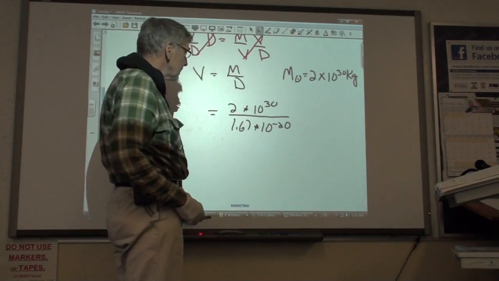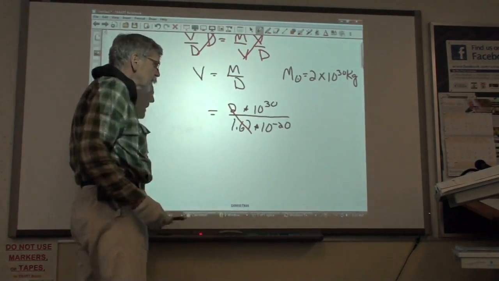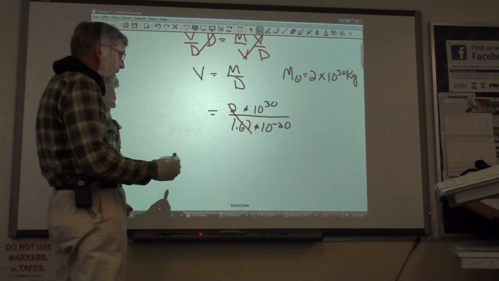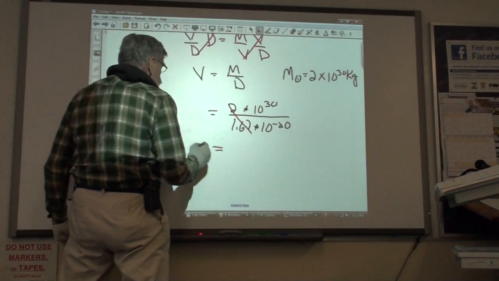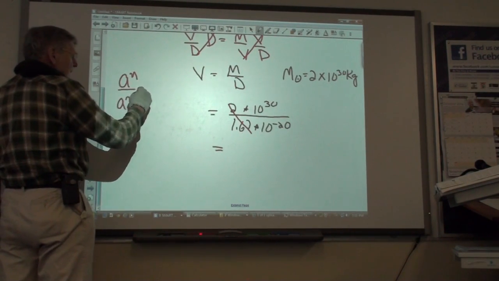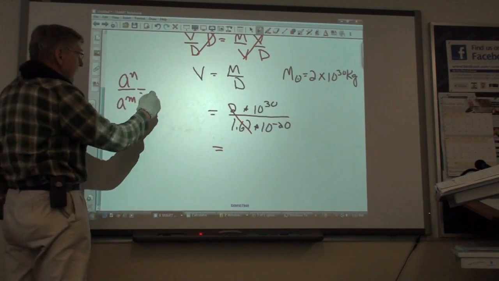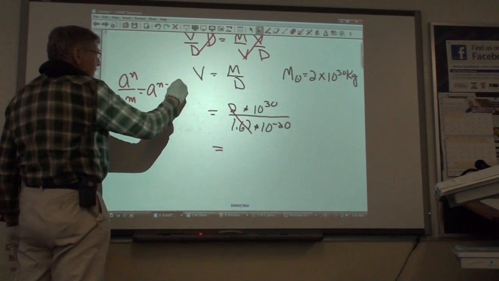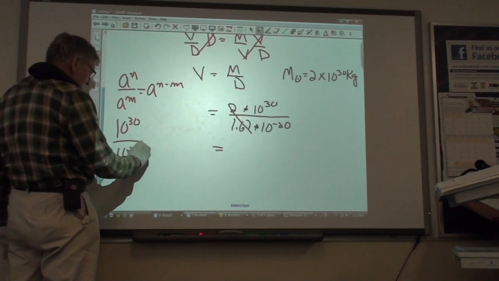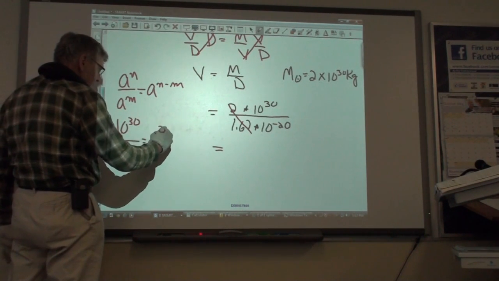Now, since we're only doing a rough estimate, we will simply cancel out the 2 with the 1.67, and we arrive at the answer. If we use our rule of exponents, that a to the n divided by a to the m is a to the n minus m, then 10 to the 30 over 10 to the minus 20 is equal to 10 to the 30 minus minus 20.